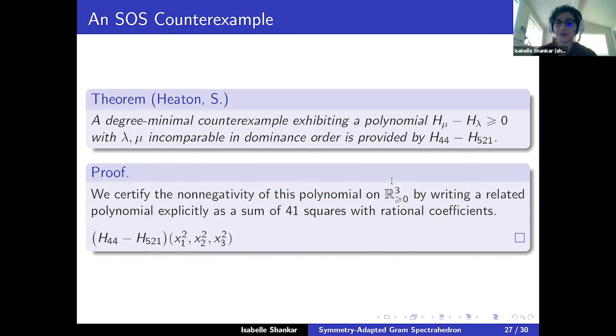We ended up with 45 by 45 matrices that we were searching over, which is why we ended up with a rank 41 matrix, and so a decomposition of this polynomial into 41 squares with rational coefficients, so that's kind of nice. But this being a sum of squares certifies the non-negativity of this polynomial and therefore disproved the conjecture.